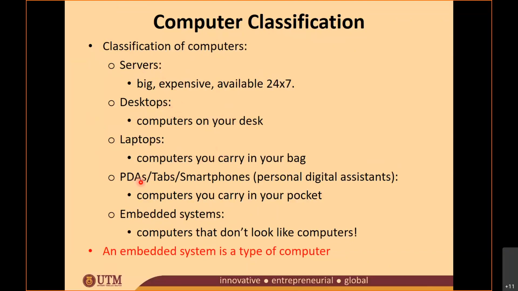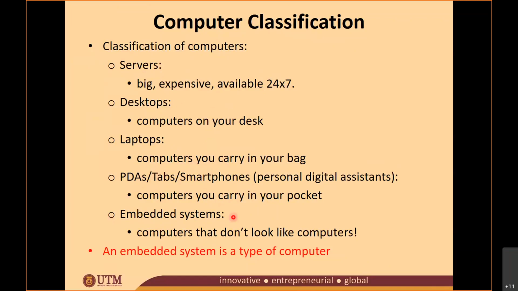And then sebelum ni kita ada PDA, which is a personal digital assistant. And then after that, it evolved to become tabs, and nowadays we use a smartphone. This one here is a computer that you carry in your pocket because it is small enough kita boleh carry dalam kita punya pocket.